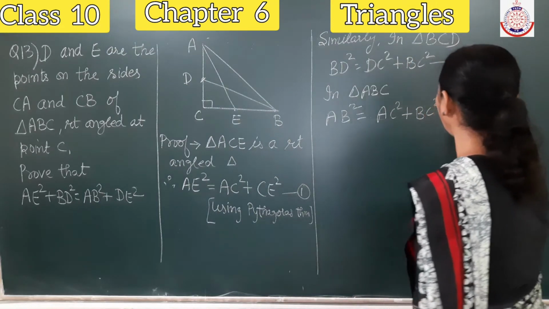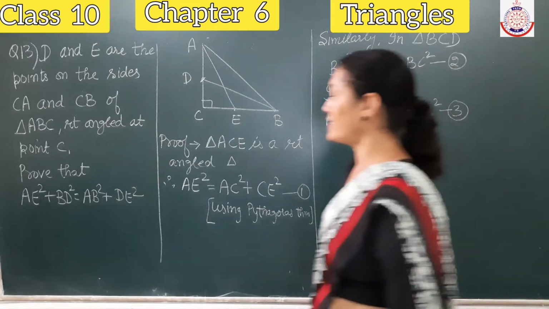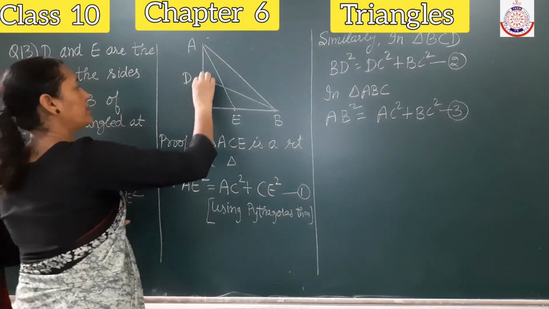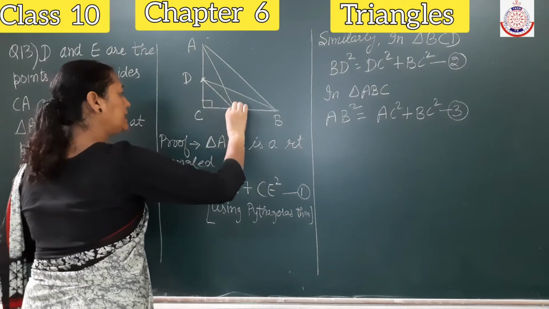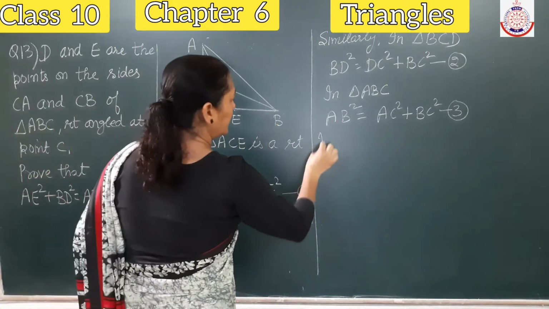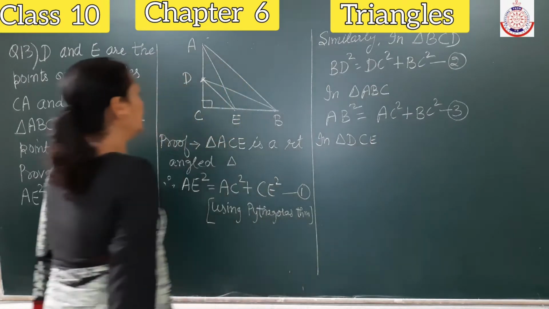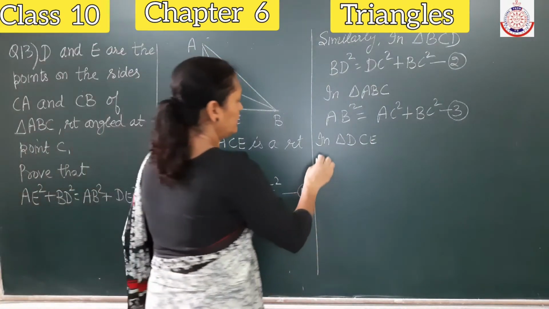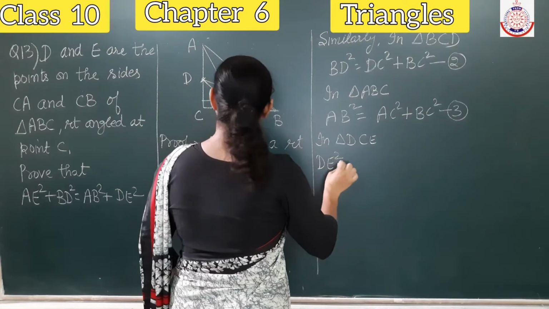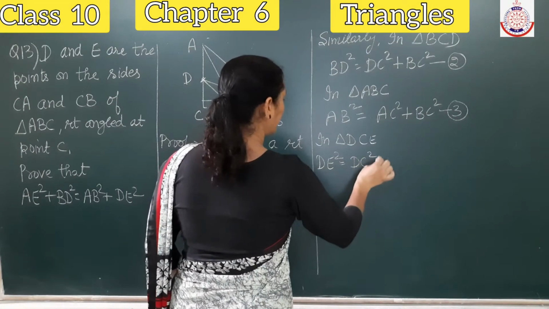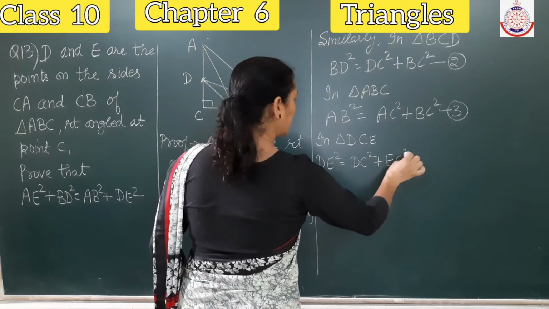Third equation. And lastly, they said DE square. DE square will be obtained from triangle DCE, DE square equals DC square plus EC square.